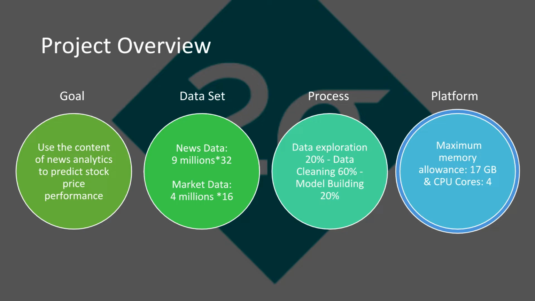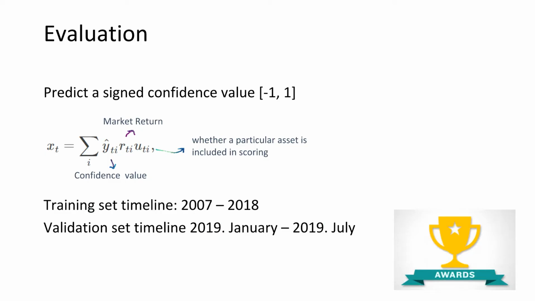Next, we are going to talk about how the competition is evaluated. With the available data, we need to predict a confidence level in the interval from -1 to 1. -1 means we think this stock is going to go down for sure, and 1 means we think the stock is going to go up the next day.